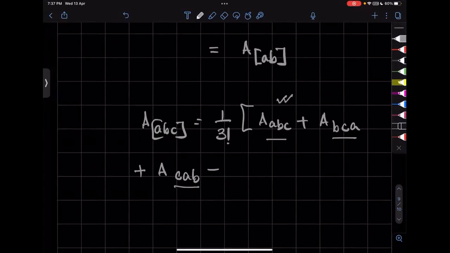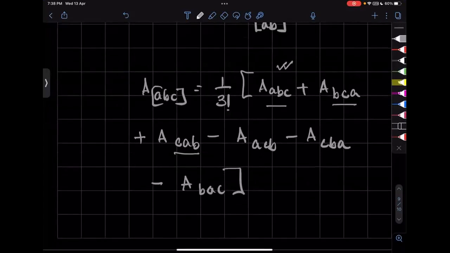And for the odd permutations, you have to introduce a minus sign. So that will be, for example, A_ACB, then A_CBA, minus A_BAC. Okay, and this goes on for higher order.